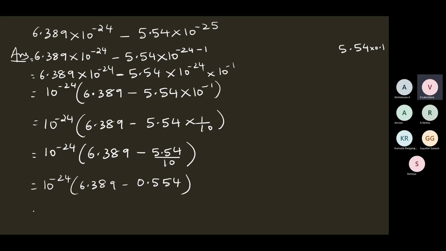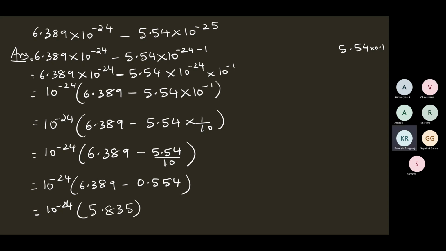Ma'am, next step is 10 to the power minus 24, open bracket, 5.835, which can also be written as 5.83. No, one minute, you're too fast. What is the difference? What is 6.389 minus 0.554? What's the difference you got? Ma'am, it's 5.835. Okay, fine.